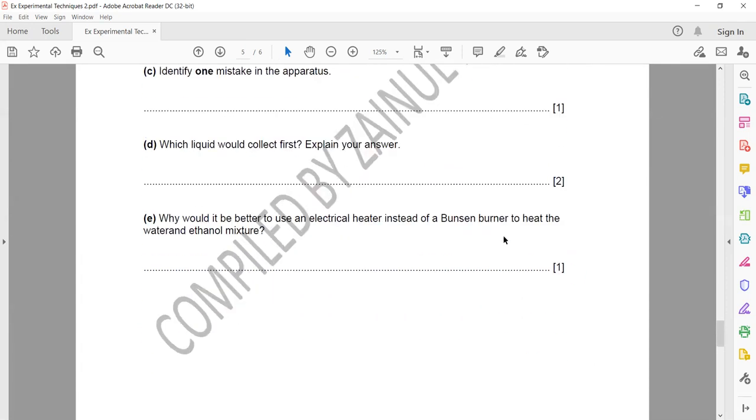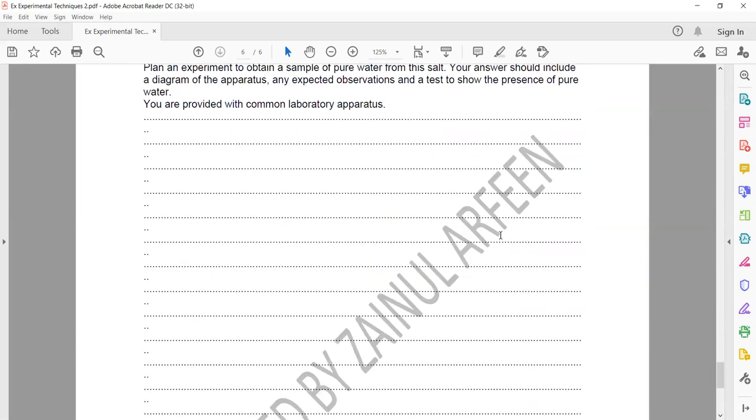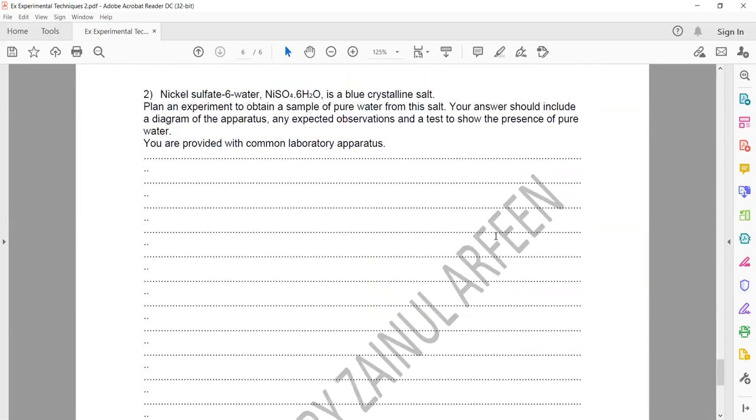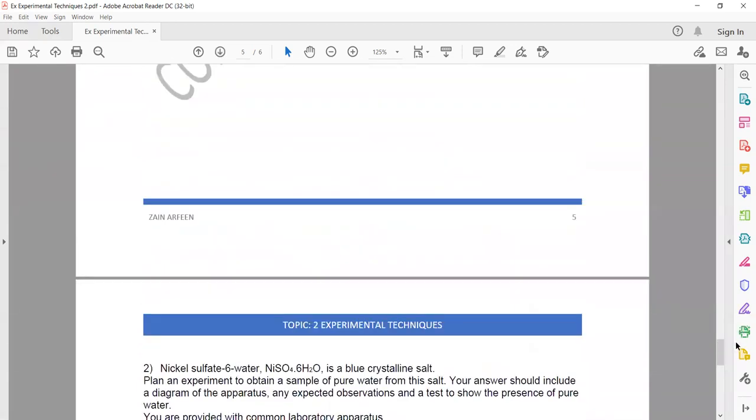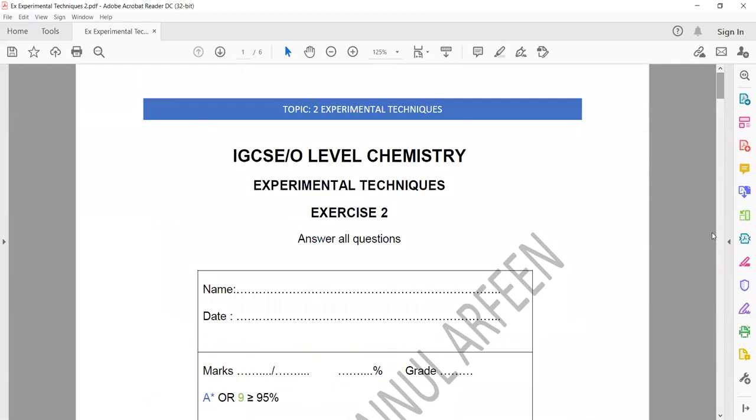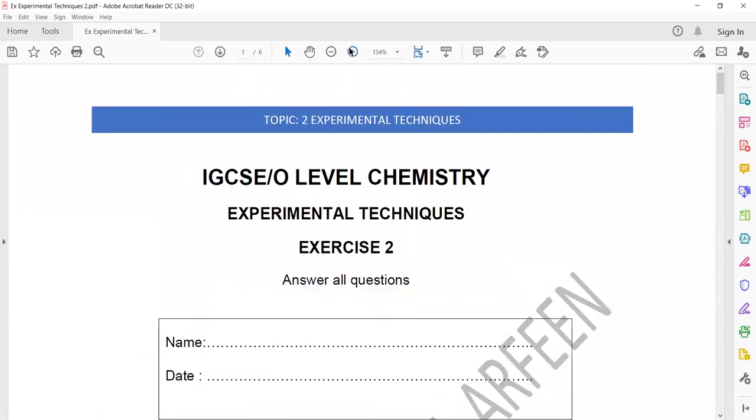And then most of the marks are for drawing. So you have to mention simple distillation, explain the procedure, and the marks are for drawing, as well as to check the presence of water. You can check the boiling point, and it will boil at 100 degrees centigrade. So this was the exercise related to experimental technique. Any question?